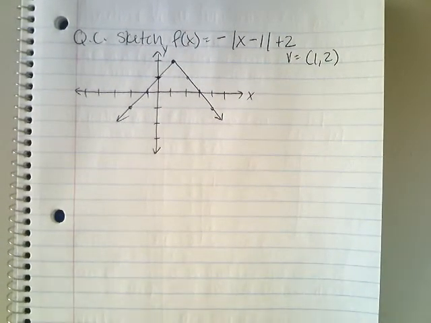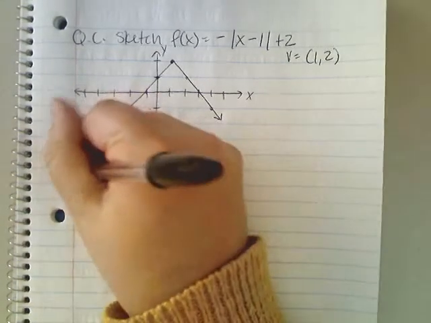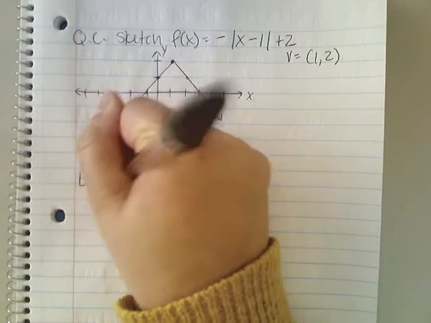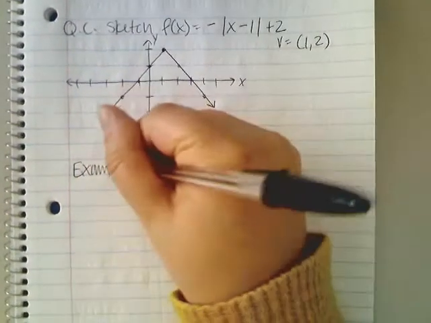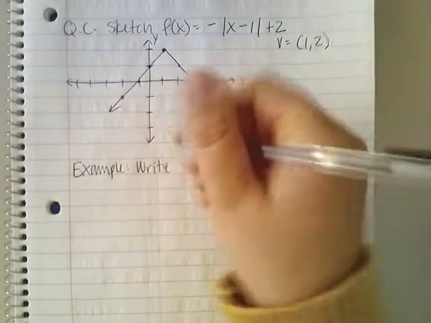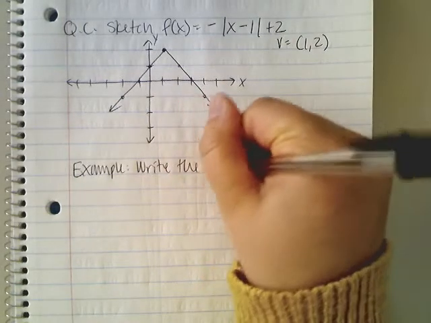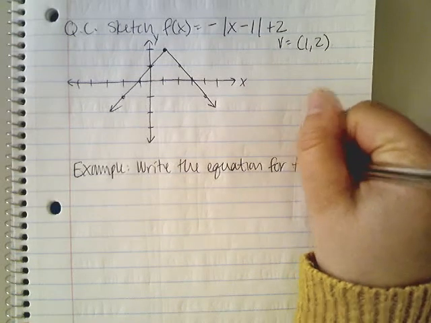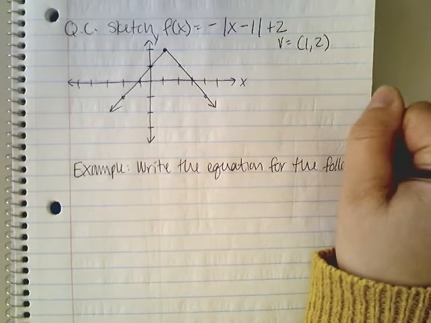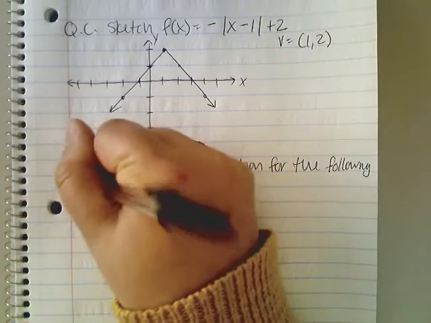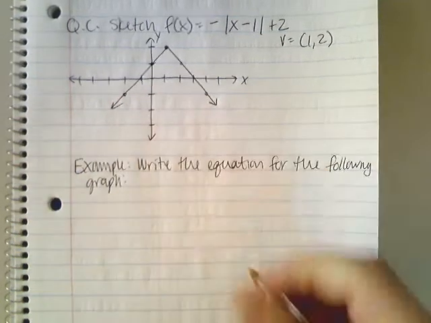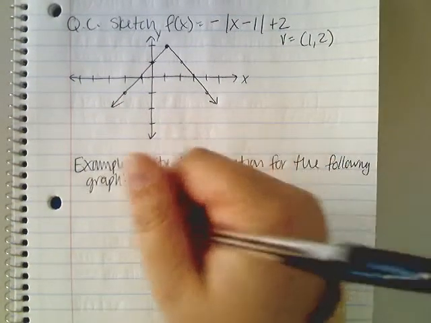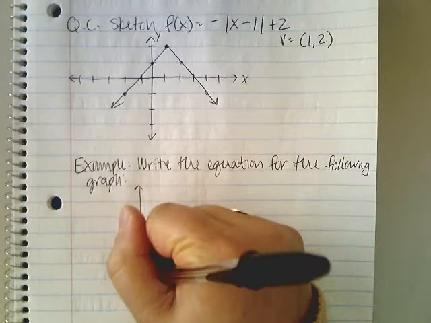So make sure you write down any questions, comments, concerns you have on this process. We're going to do one more example together of going the other way. So if we're given our graph, I want us to write the equation for the following graph. And I'm going to do my best to sketch it neatly for you all.